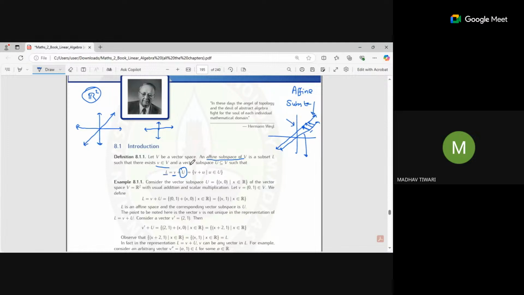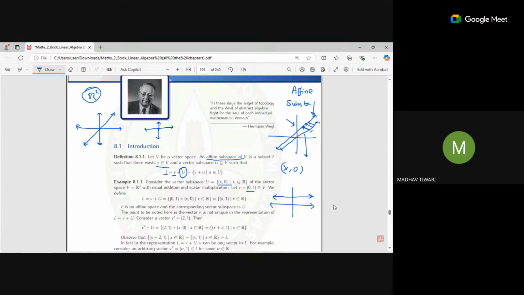You are aware that our subspace has all the points in the form x comma 0, which is nothing but this line. It is saying that if I translate each and every point of this by 0 comma 1, it gets shifted from here to here. So now it is an affine subspace.